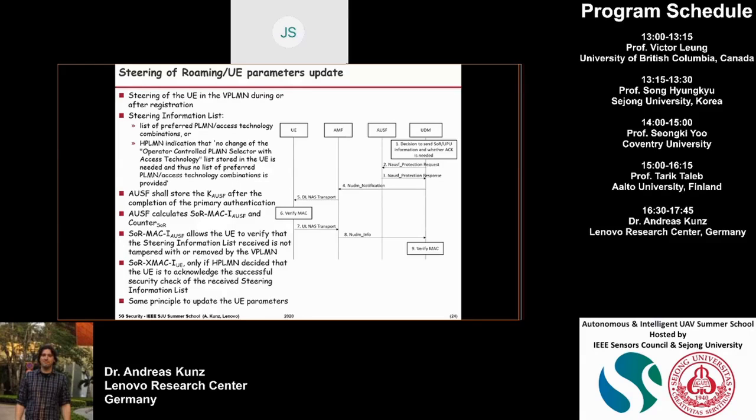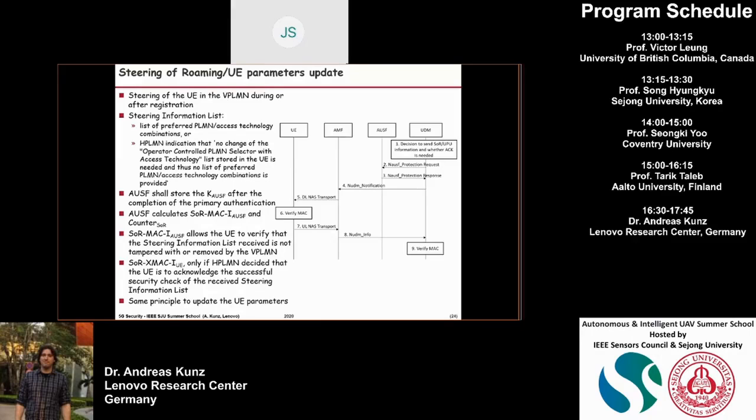The MAC-I is then truncated to 34 bits and appended to the message. The UE can then, because it also has stored the KAUSF, verify this message and can store it on the USIM.